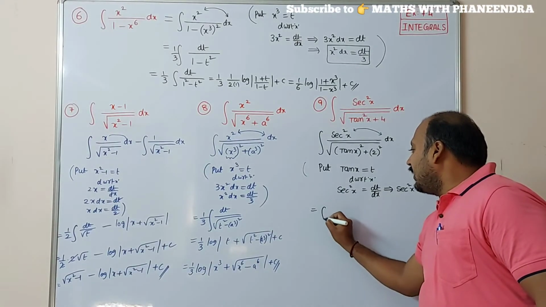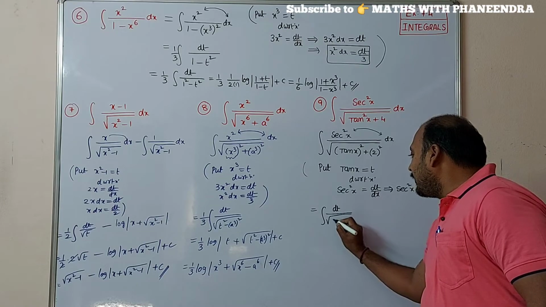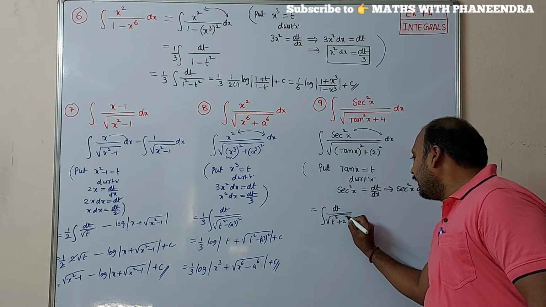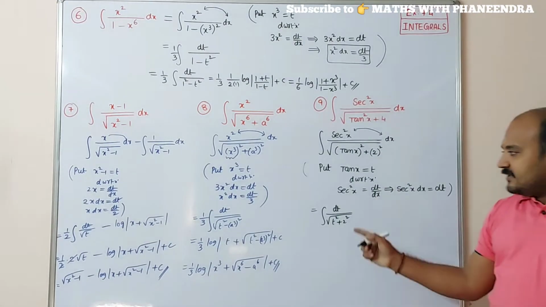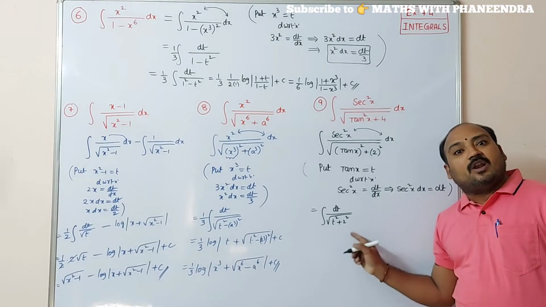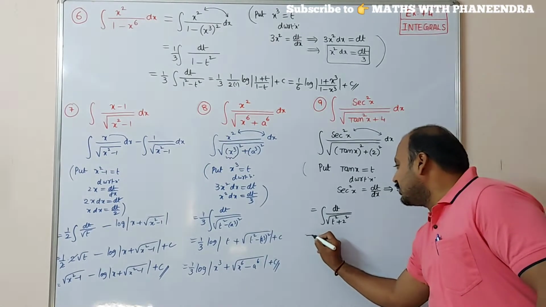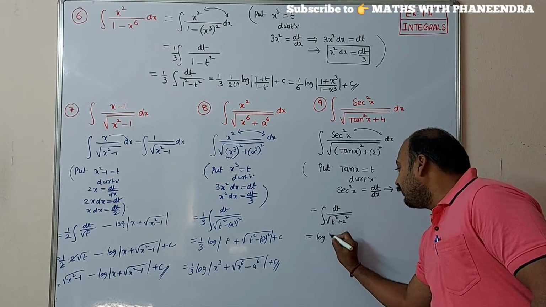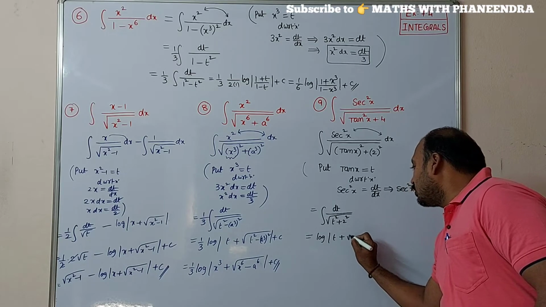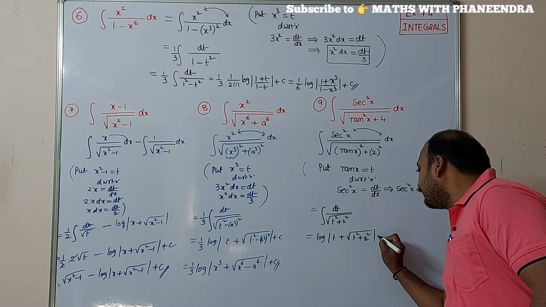So the given integral is dt by root of t square plus 4. 4 means 2 square. It is in the form of integral 1 by root of x square plus a square, log mod x plus root of x square plus a square. So this is equal to log mod t plus root of t square plus 2 square, plus c.